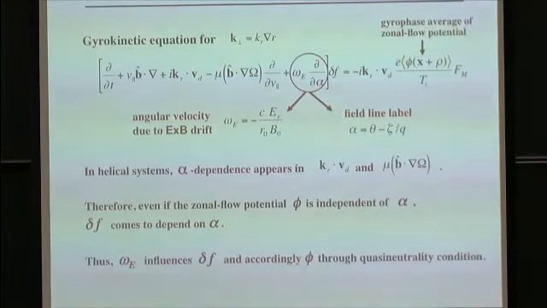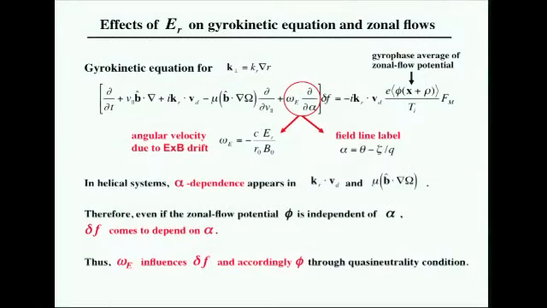And usually in a tokamak system, the zonal flow component has no alpha dependence, but in a helical system, this kind of magnetic curvature term or Miller force term always includes a dependence on the field line label alpha.